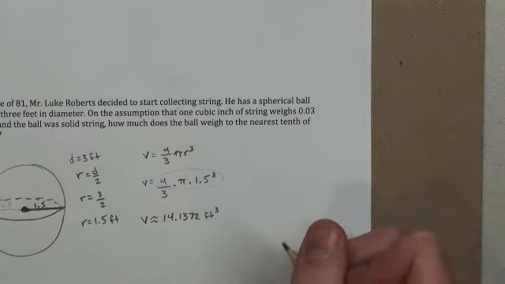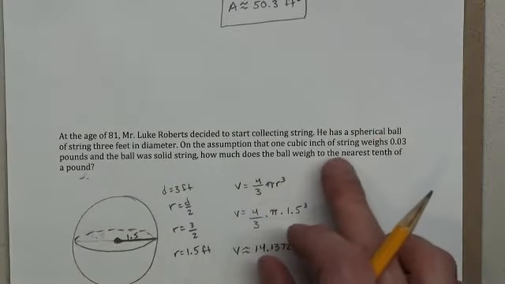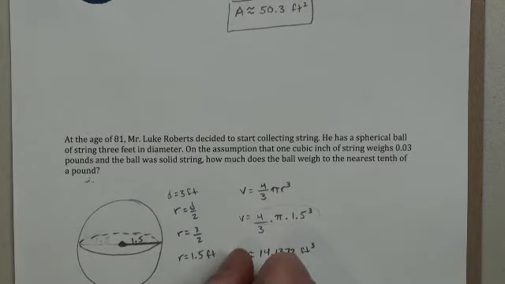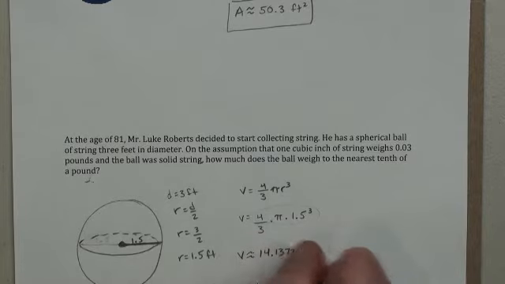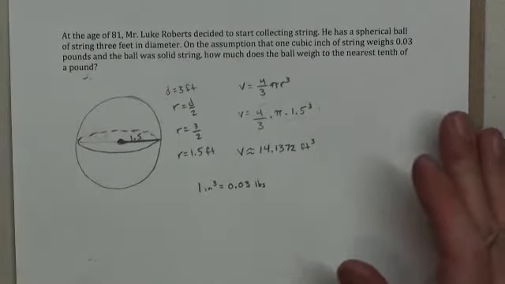Okay. Now, it's 0.03 pound per 1 cubic inch. So 1 inch cubed equals 0.03 pounds. LBS is the unit for pounds. Okay?